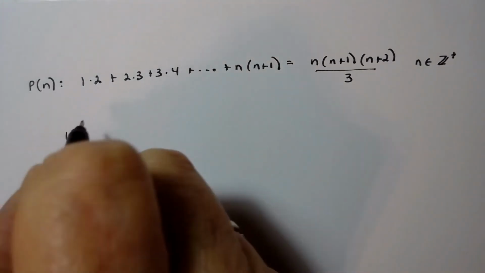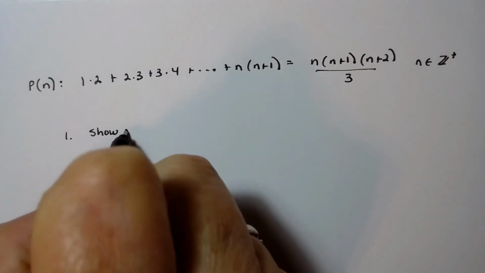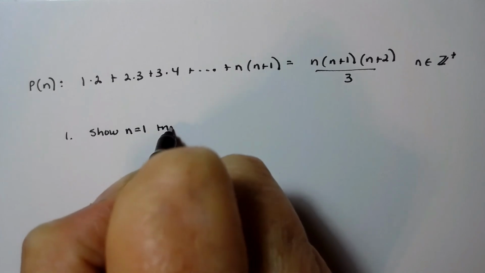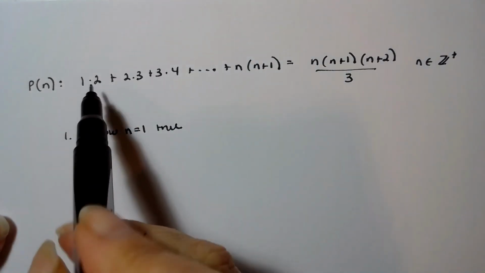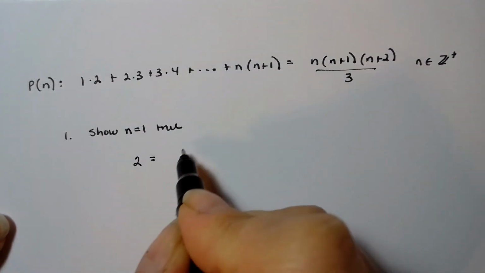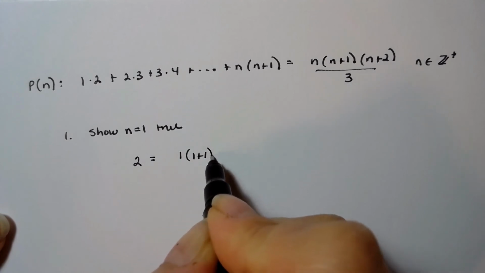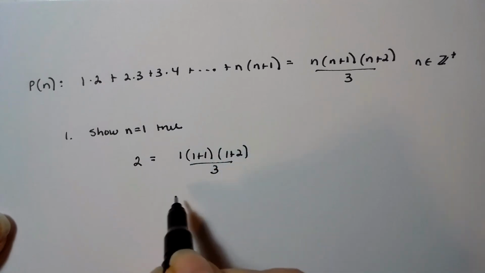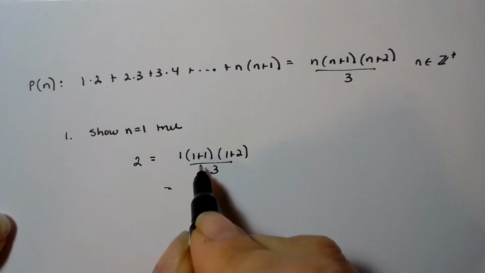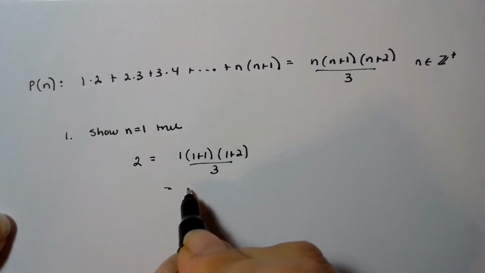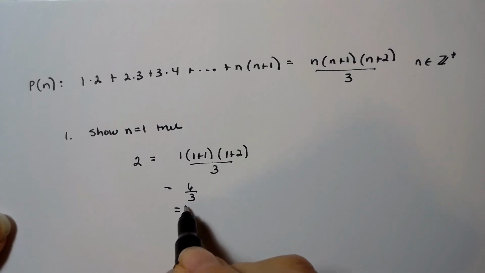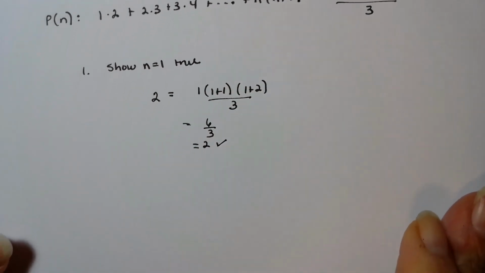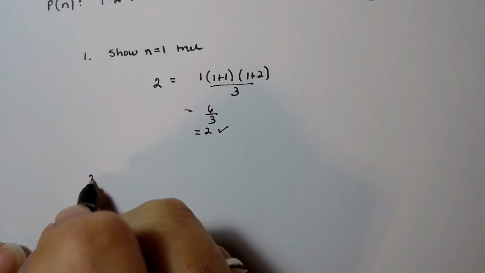So my basis statement is I'm going to show n equals 1 is true. When n equals 1, I get a 2 on the left. 1 times 1 plus 1 times 1 plus 2 over 3 gives me 1 times 2 times 3, or 6/3, which is 2. So I've shown that the left-hand side equals the right-hand side.